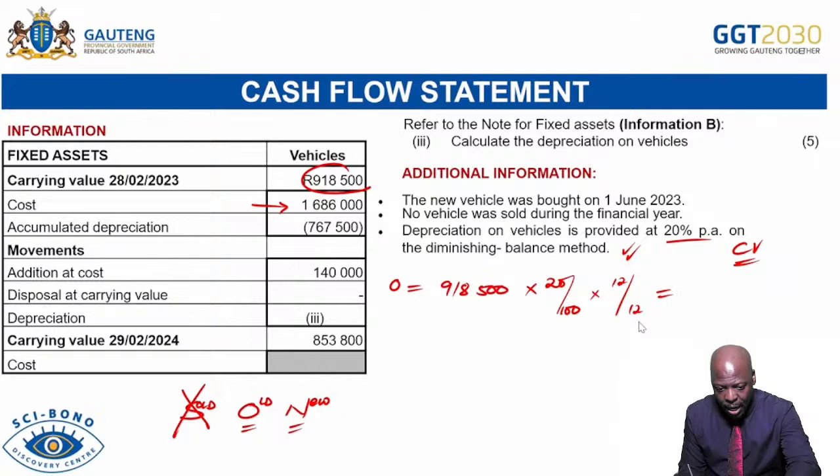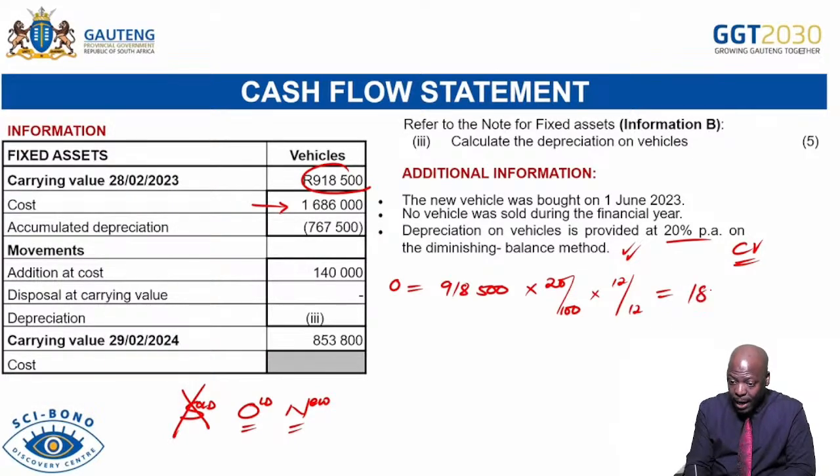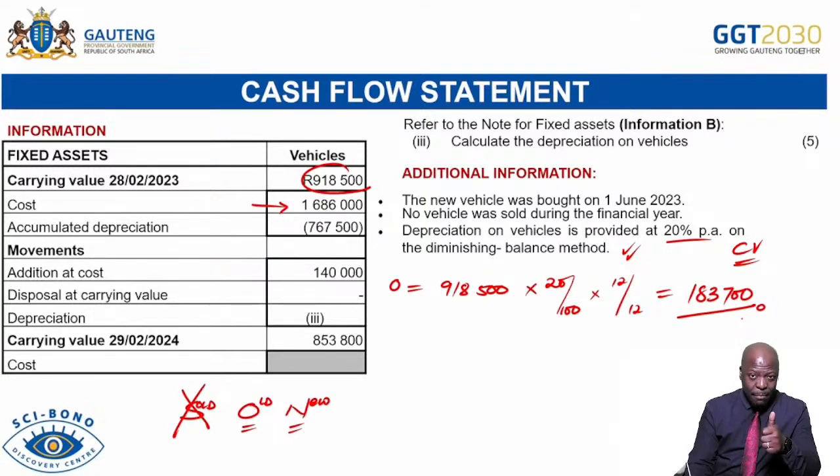That is 12 over 12. So I'm just going to say 918,500. I multiply that by 20%, and that will give me 183,700. That becomes my depreciation. Are we still okay?